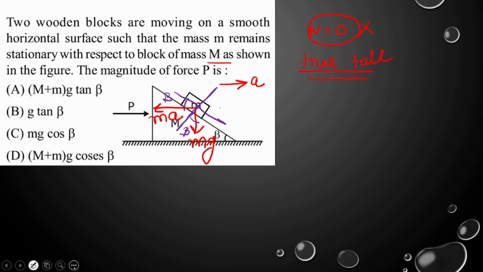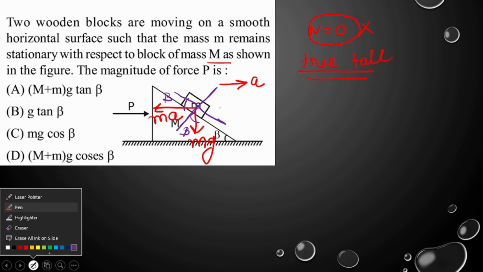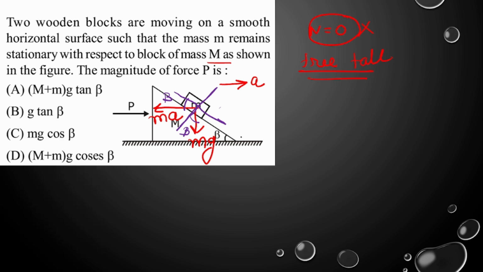So this component is mg sin beta, and this component is ma cos beta, and the block is remaining stationary, which means the net force over the block must be 0.